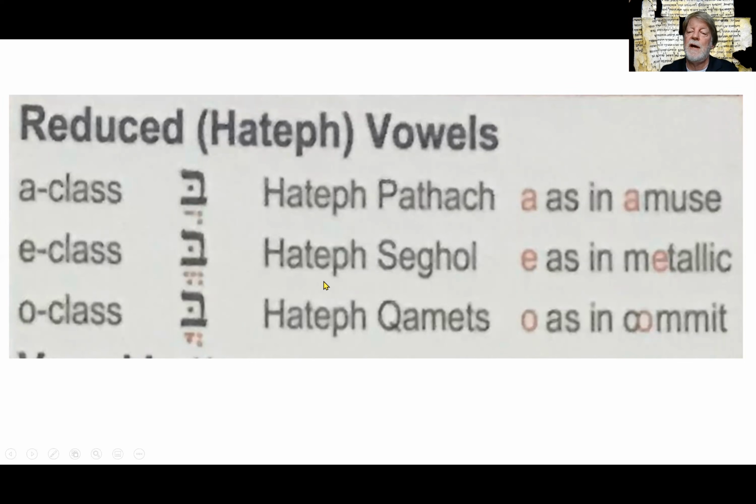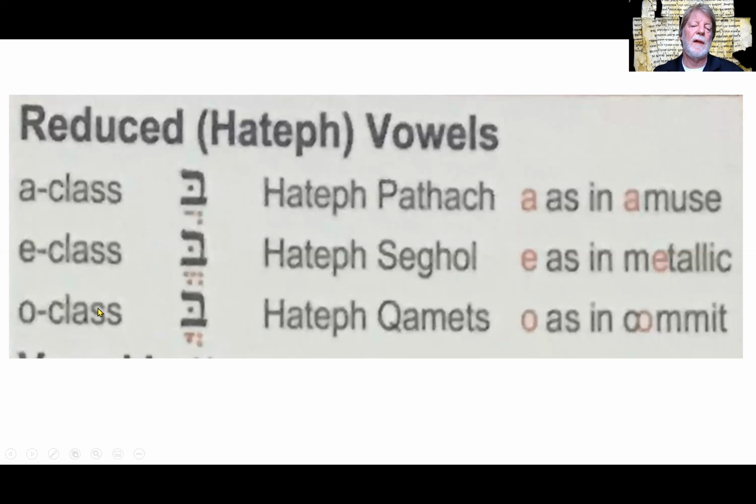It either makes no sound or just a little bit of a sound. And Hateph segol is pronounced as an E as in metallic. So it's kind of an E tonality. But basically, we just rush past this E sounding vowel, metallic.